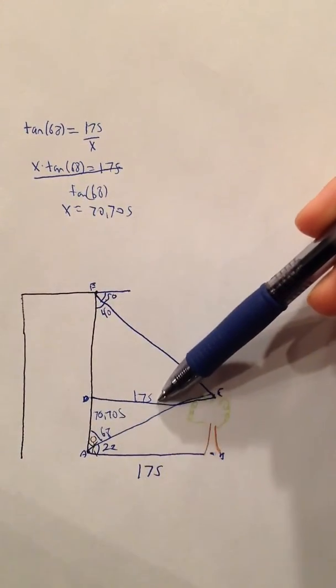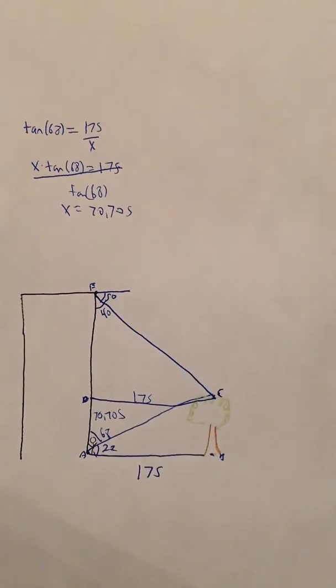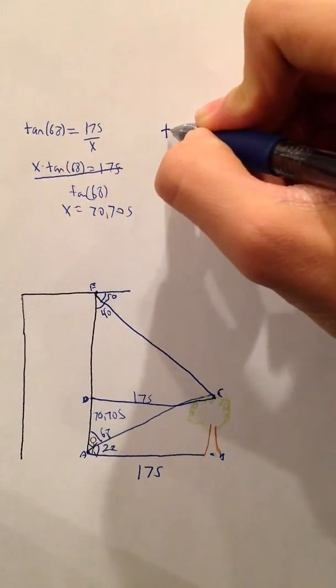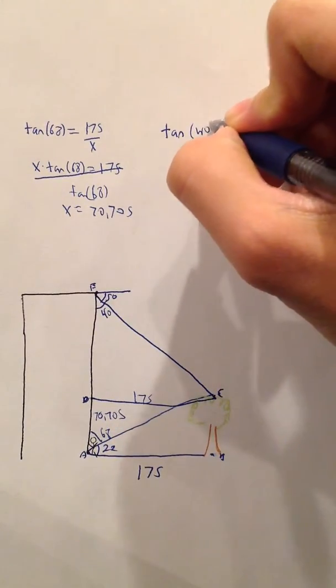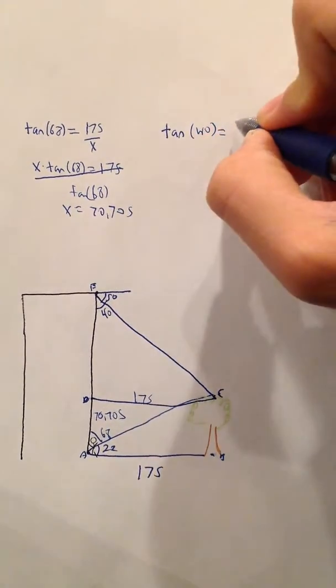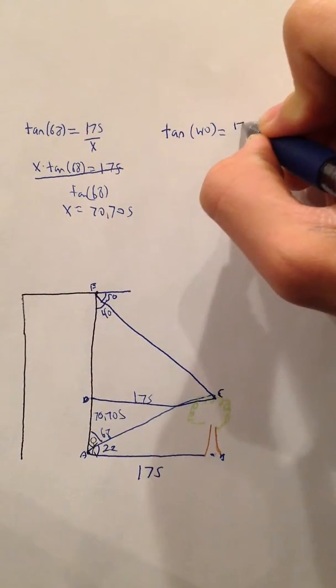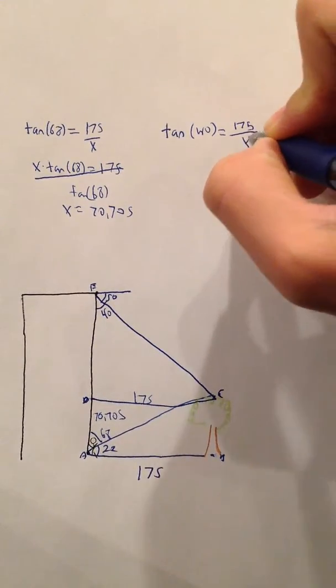Since we have opposite over adjacent, we will be using tangent. So, tangent of 40 degrees equals opposite 175 over adjacent, which is x.